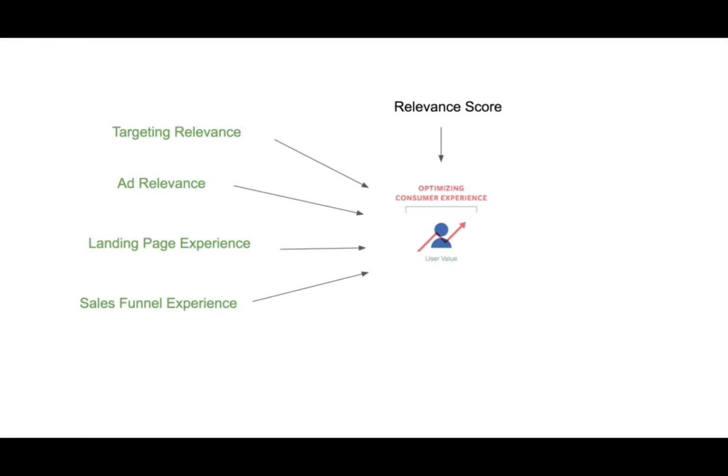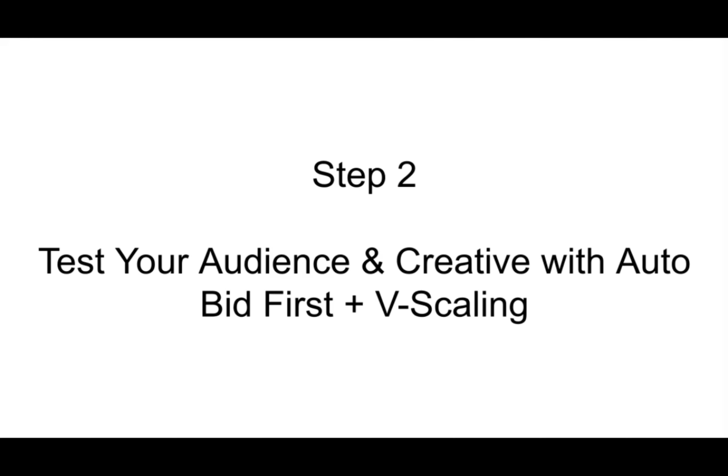If you're coming into it and you've already got ads and audiences that are working, then you can move on to step 2, which is all about testing your audience and creative with auto bid first and then adding V scaling. When you have any kind of audience, you would start off with auto bid because you don't know what the right bid amount is.